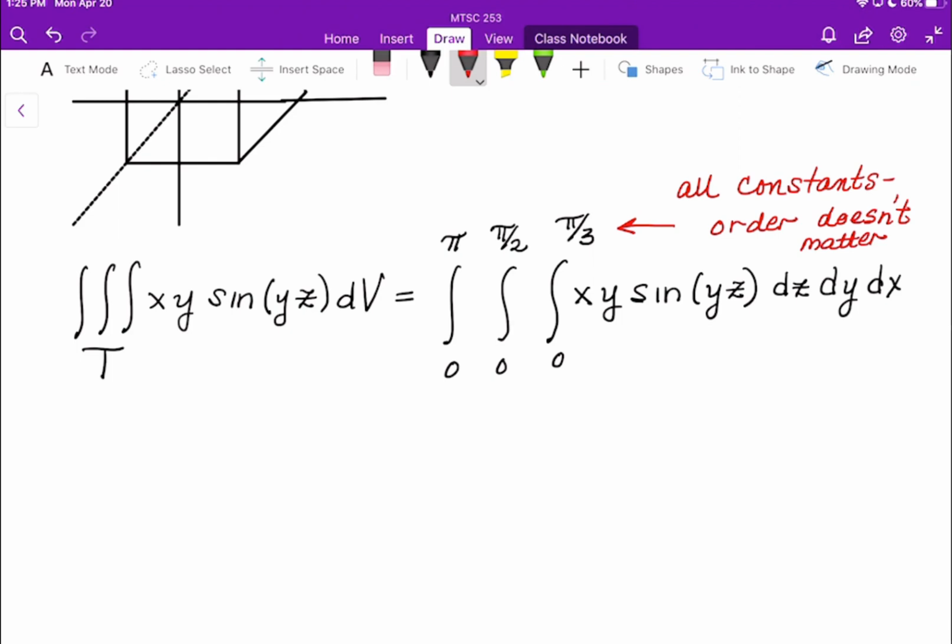I definitely don't want to integrate with respect to y first because I would have an integration by parts.